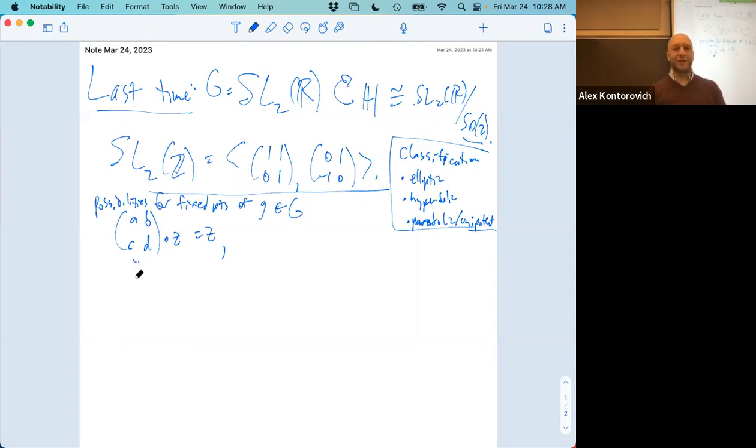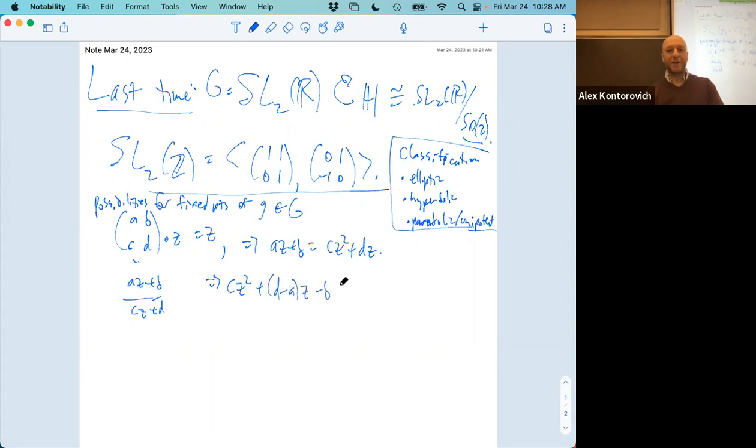Okay, so this is (AZ plus B) over (CZ plus D). So I multiply through and I get AZ plus B is equal to CZ squared plus DZ. And so if I move everything to one side, I get CZ squared plus (D minus A)Z minus B is equal to 0. And now let's solve it. So this is a quadratic.